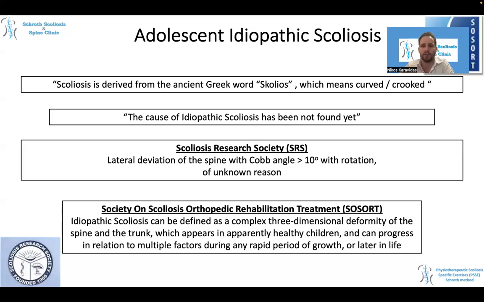We know scoliosis is a multifactorial disease. During any rapid period of growth or even later in life, we also have the de novo scoliosis, which did not exist in adolescence, but developed in adult life, coming after disc degeneration most of the time.